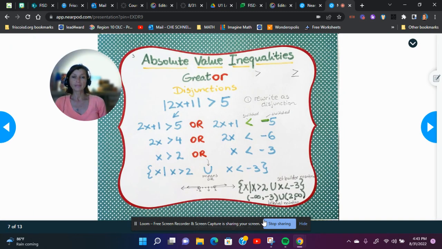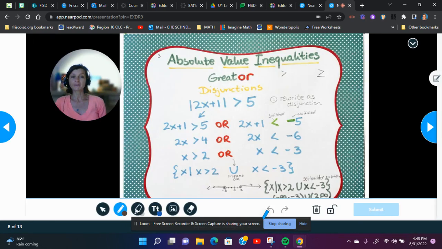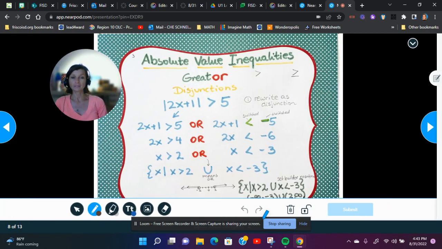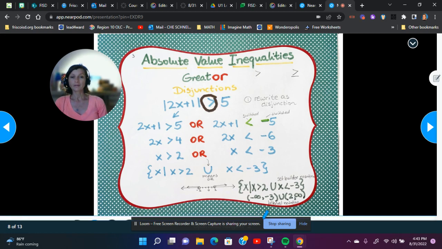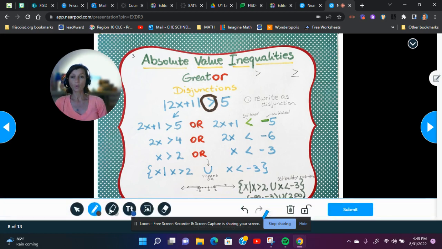You will be given an example, but first you want to predict, is it a disjunction or conjunction? So let's investigate the inequality that is given. What is given? Greater than. Greater is indicative of greater. So I already know, as I set up my absolute value stuff, that one side, whatever it may be, I put or, and I put the other side.